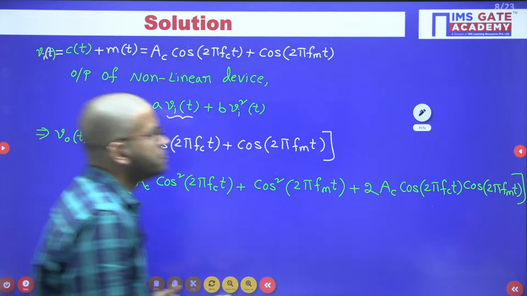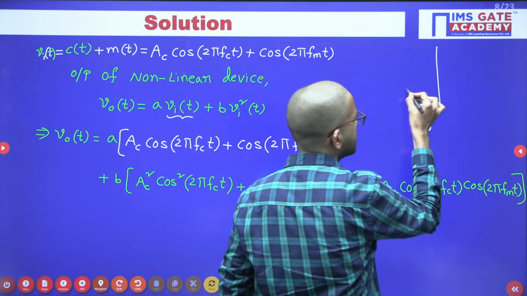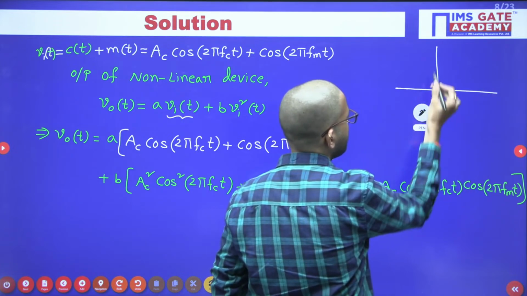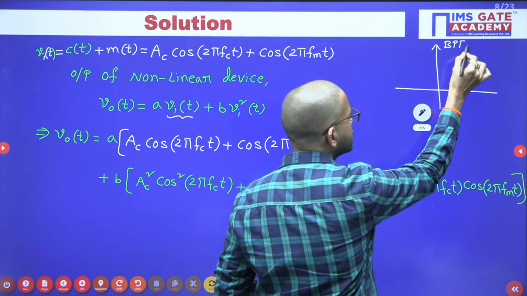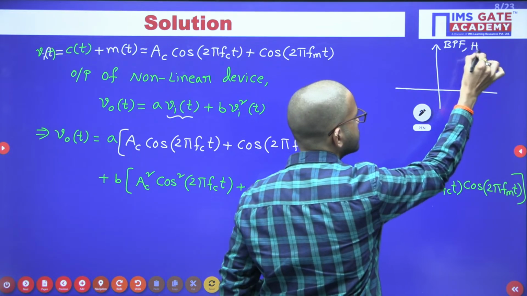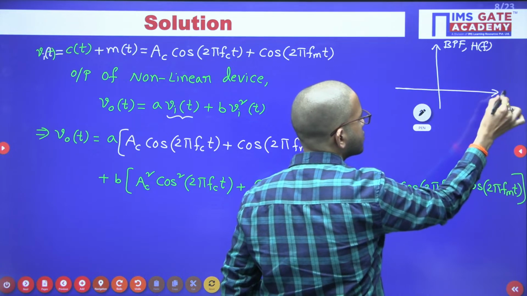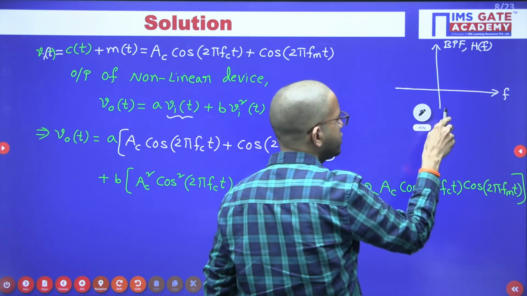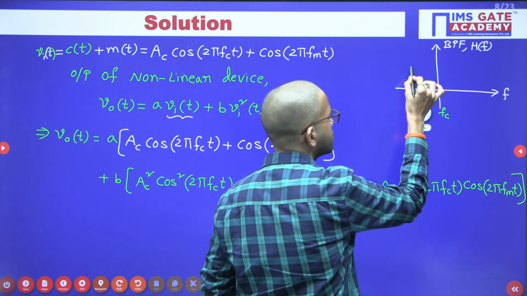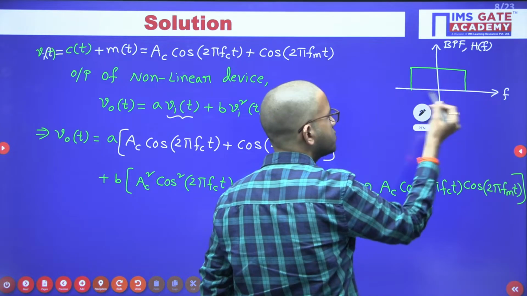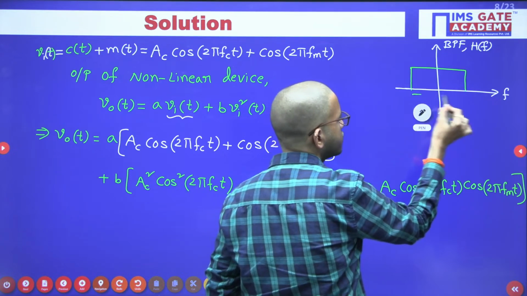Here you have the band pass filter transfer function like this. Here the center frequency is FC. It is passing this range of frequencies, that's all.